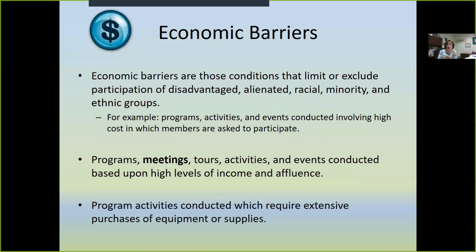So those are ones that we need to think about. But if they're going into a livestock project or some sewing or whatever, they need to expect that it is going to cost them a little bit. We cannot provide all of that for free, but we need to let them know ahead of time.